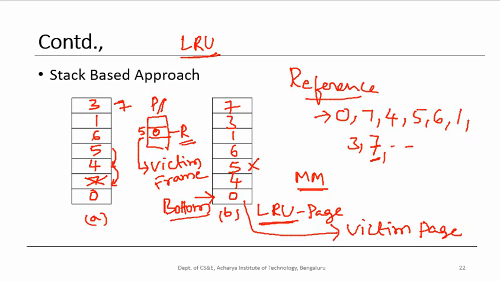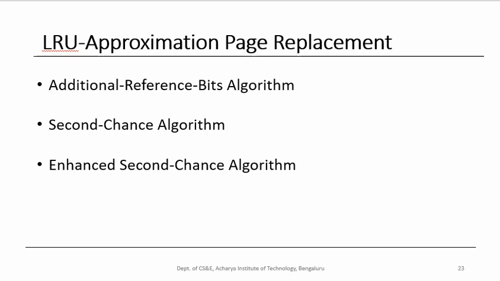So these are the two approaches available for realizing the least recently used page replacement algorithm. We have looked at two different approaches to realize the least recently used approximation algorithm. The first one is the counter based approach, and the second one is the stack based approach.